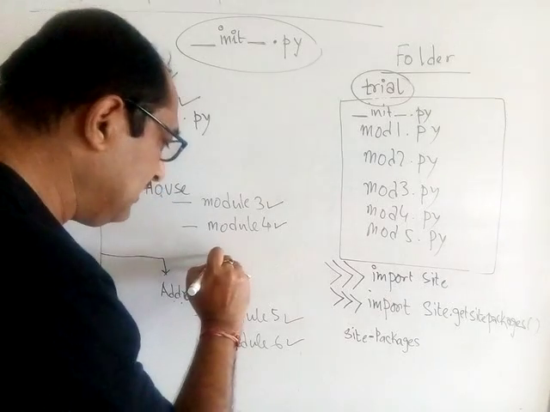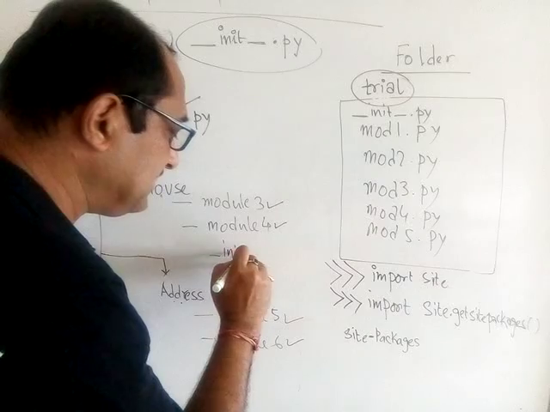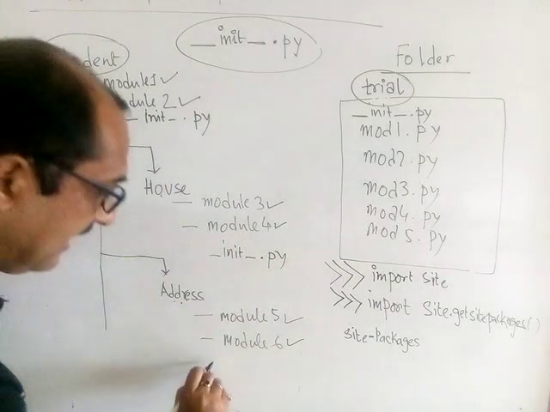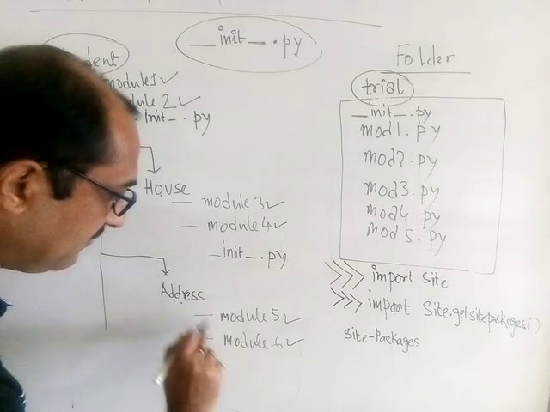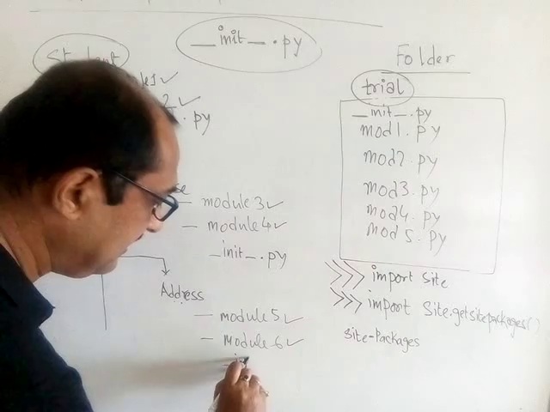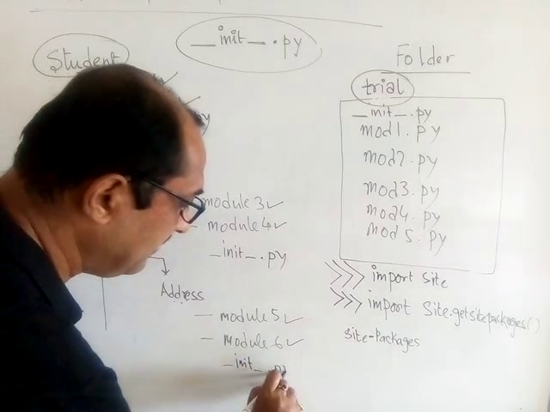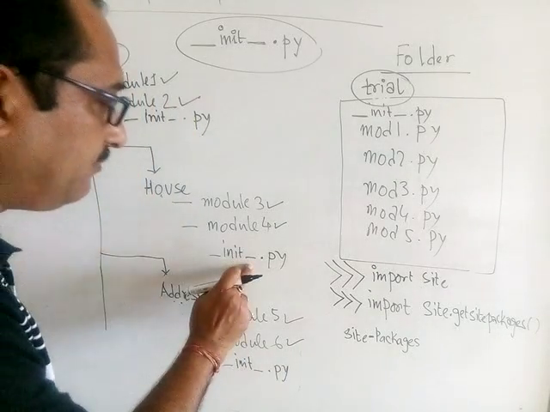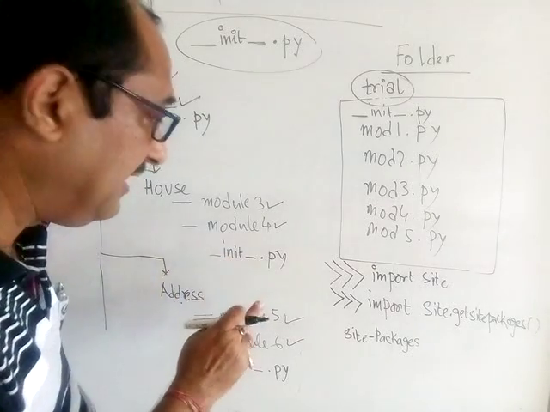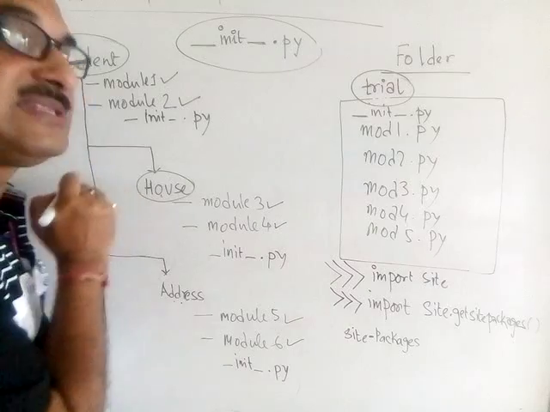So here also we need to copy this file __init__.py, and here also, since this is also a subfolder, we need the presence of __init__.py. The moment we put this blank file under the name __init__.py, then only it will be recognized as a package.